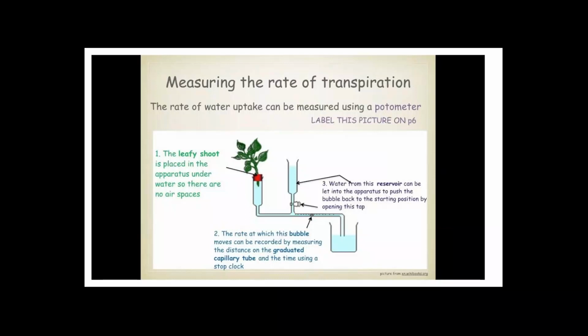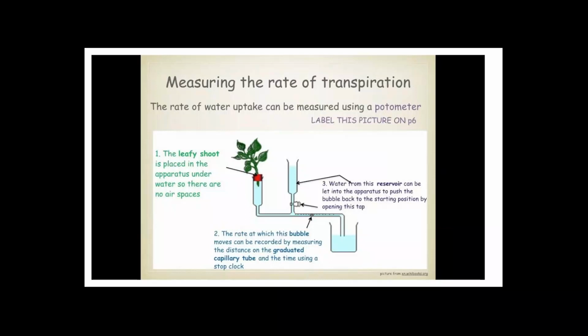And you measure the rate at which this bubble moves along the scale. If it moves to the end of the scale, you can turn this tap to let water back into the apparatus and push the bubble back to the starting position.